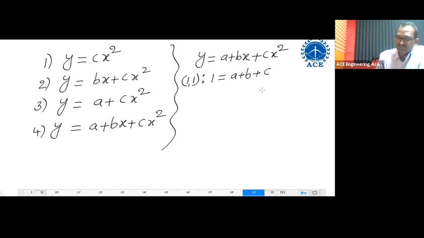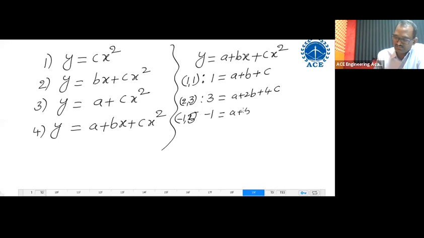From this equation alone we cannot get a, b, c. Now we assume it passes through (2, 3). From this also, we cannot get the values of a, b, c. Now we assume this parabola passes through one more point, (minus 1, 5): x value minus 1, y value 5.